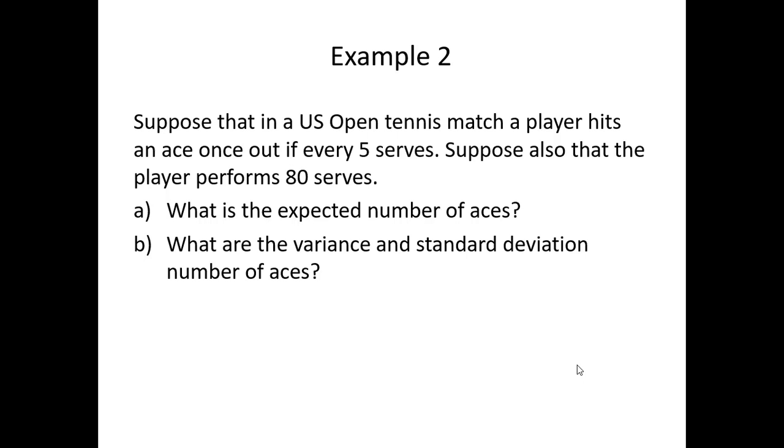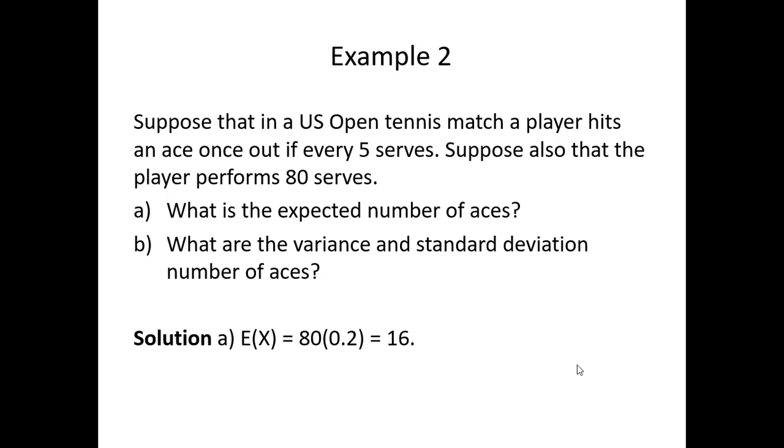Well, if we think about the situation, a player either hits an ace or doesn't when they serve. We know that when we let X be the number of aces, X would be a binomial random variable. And there's a very easy formula for finding the expected value for a binomial random variable.